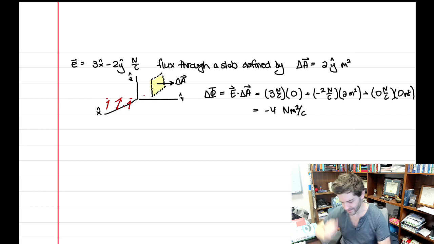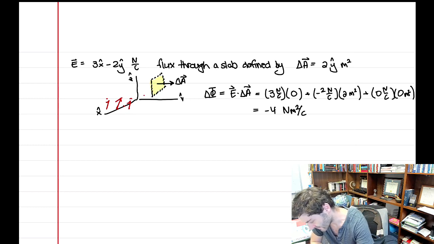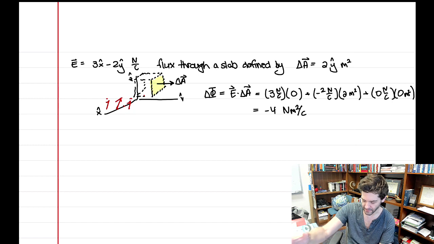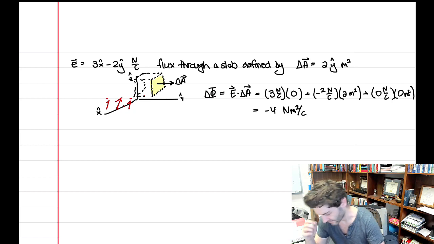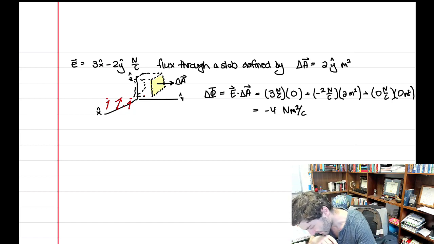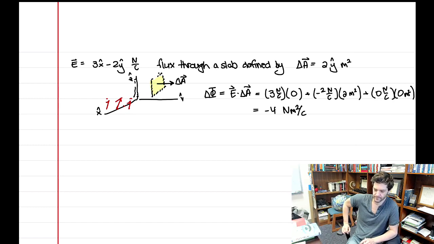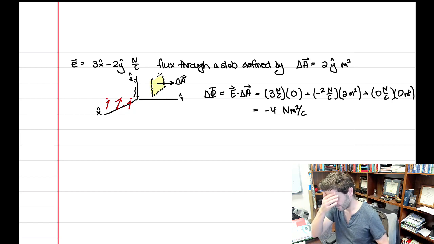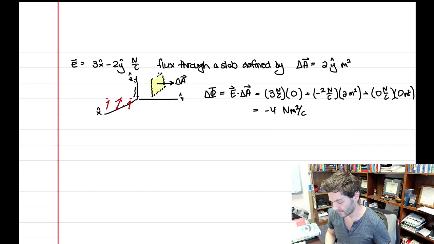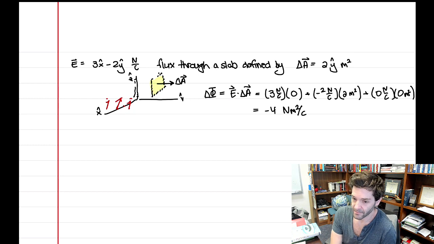If we imagine this as part of an invisible box, it seems like the electric field is more going into the box at that surface compared to going out of the box at that surface. Okay. So that's just the computational dot product.